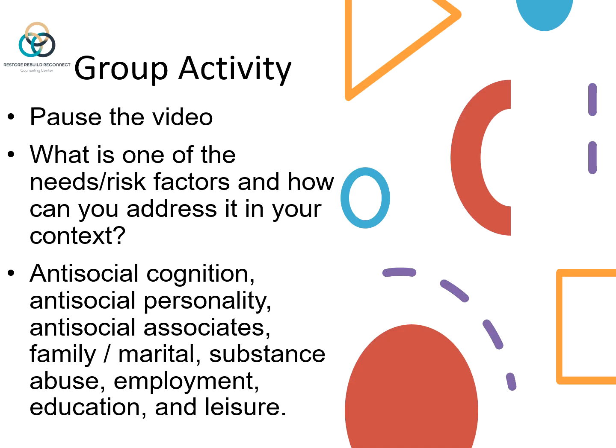Okay, there you have it, the 8 criminogenic needs. I have them listed there. So for our next group activity, I would like you to pick 1 or 2 of the needs and write down some ideas of how you can address this in your context, or what it would look like for you to have a discussion about this with a client.